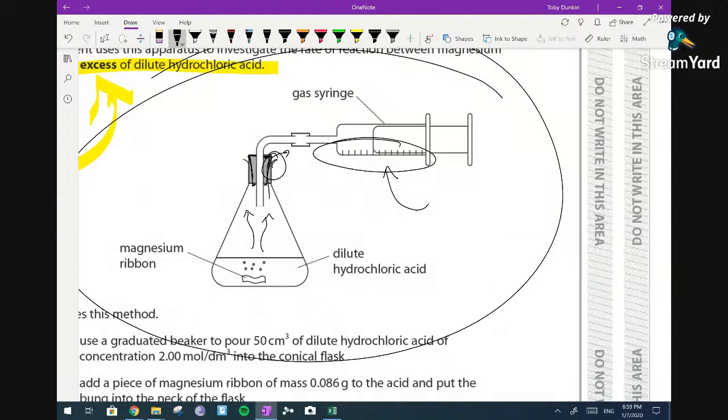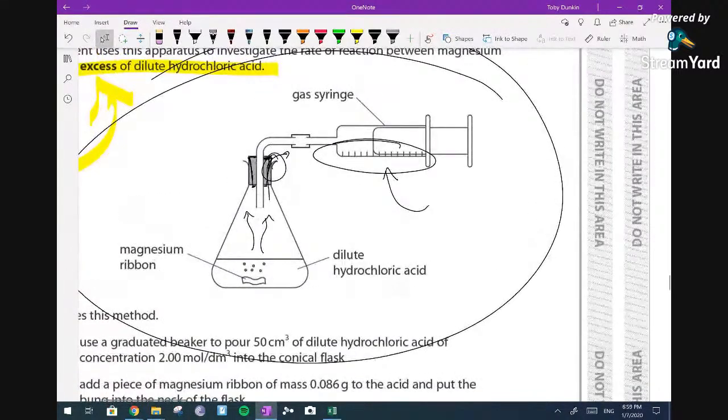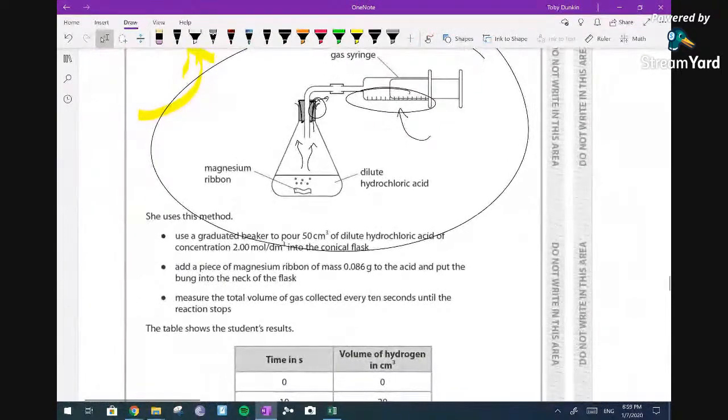And they often ask this, and they show a diagram which is incorrect, and they'll say, looking at the diagram, try and identify any problems and identify what this would do to our reading. And so what you identify is there's a gap, the bung doesn't fit the conical flask, and that gas would escape through this gap, meaning that you would get a smaller reading. So it's a very common one in terms of practical faults.